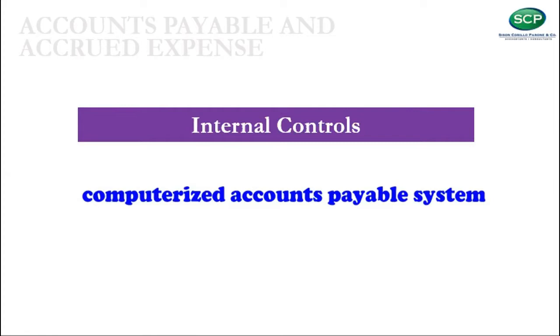A reliable computerized accounts payable platform can speed up the accounts payable processes, help prevent or reduce duplicate payments, prevent fraud, minimize human errors, and increase the accuracy of the function.